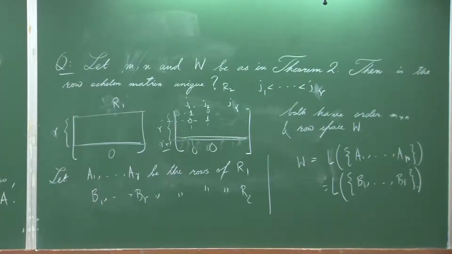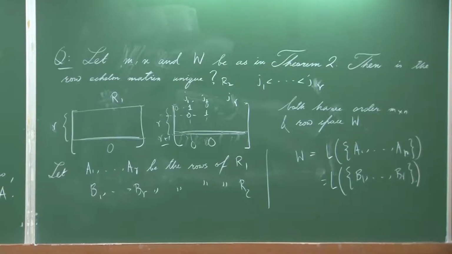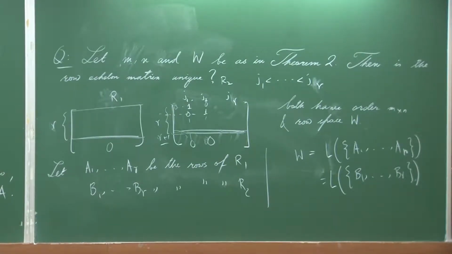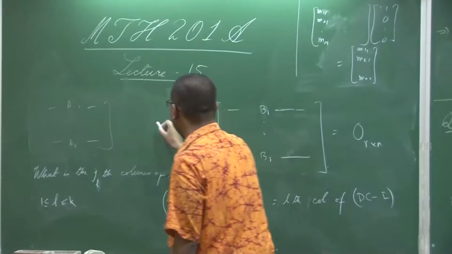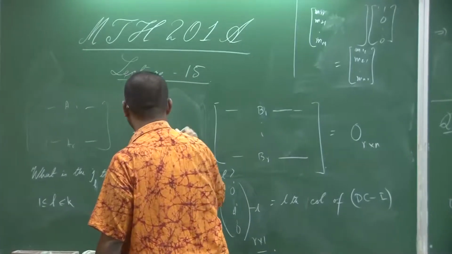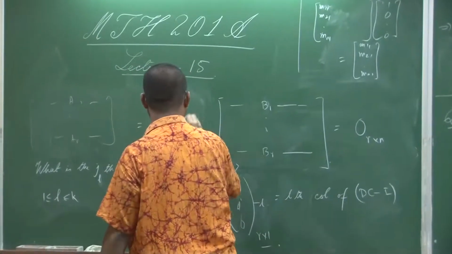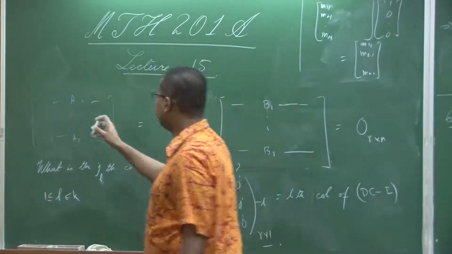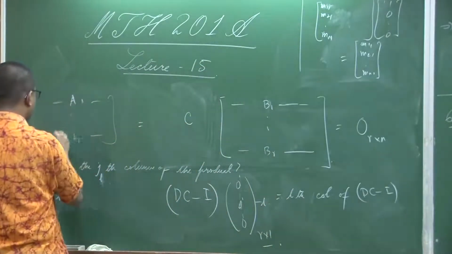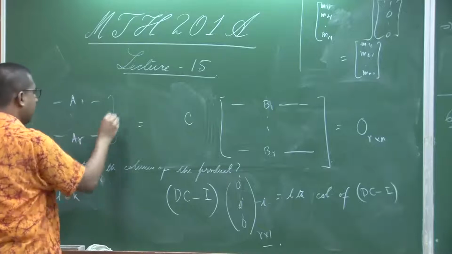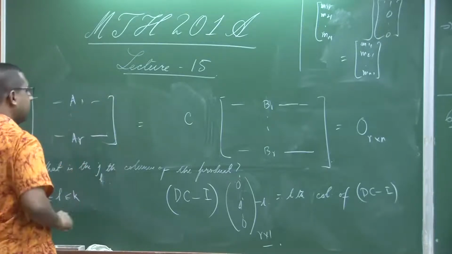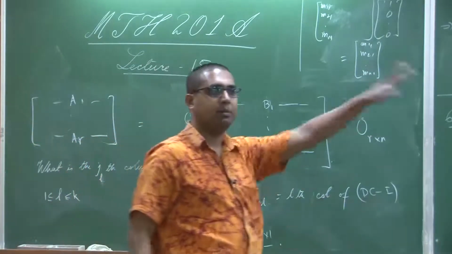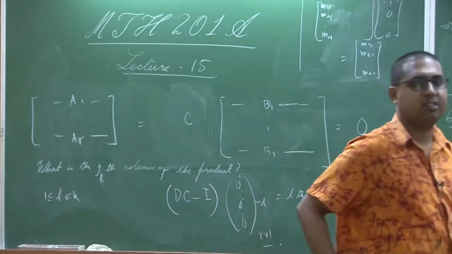Let me repeat, what we have obtained so far is that these two matrices, A1 up to AR and B1 up to BR, are row equivalent. These matrices are obtained by deleting the zero rows which appear at the bottom, the last m minus r zero rows.